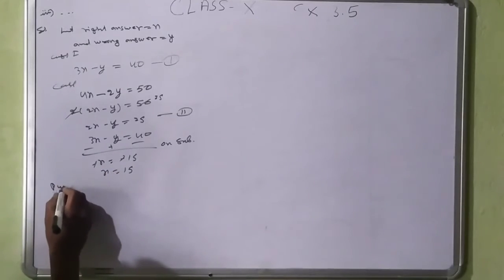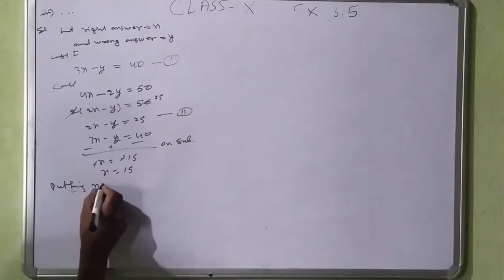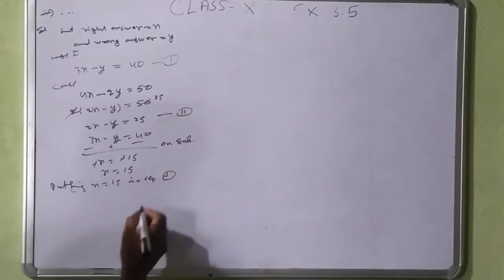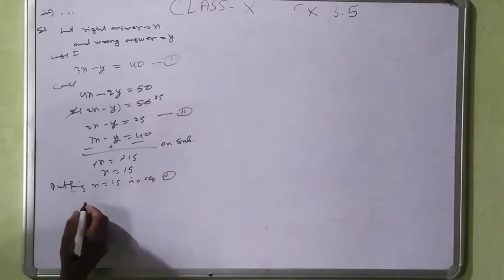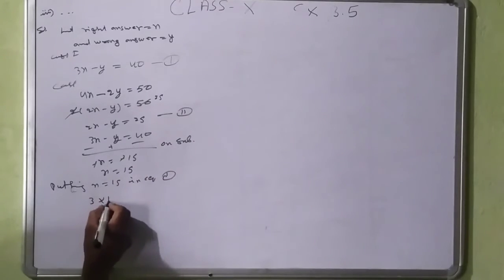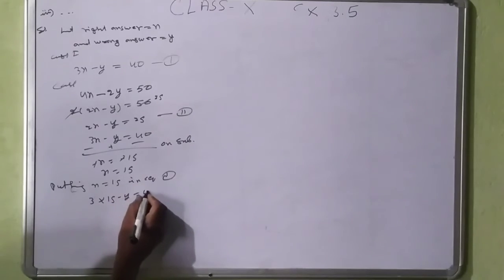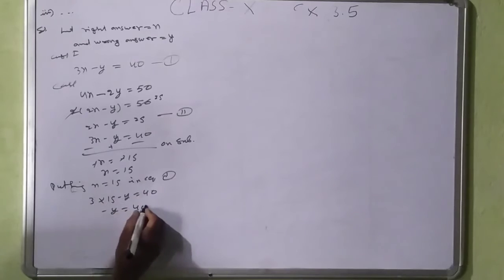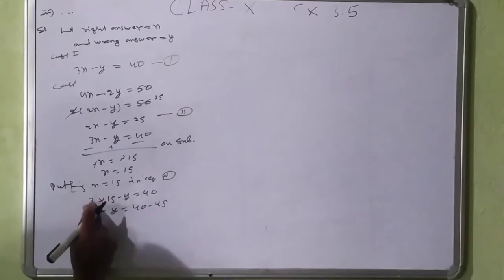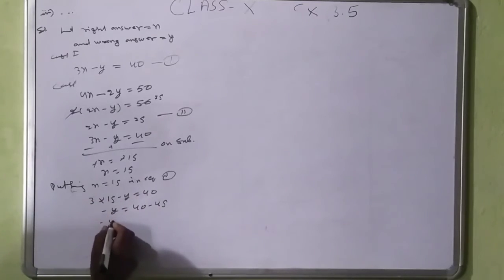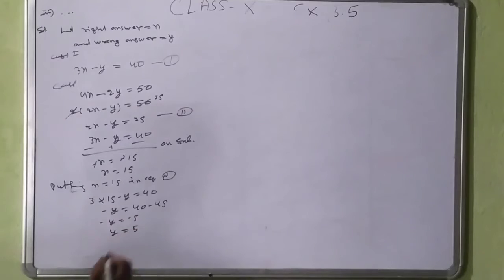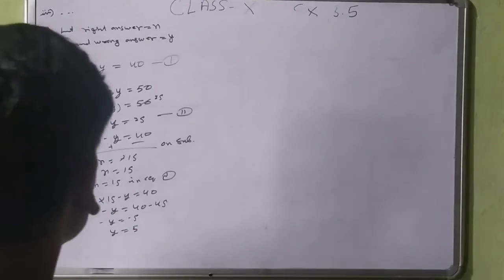Now putting x is equal to 15 in equation first, you can put it in the second also. 3 into 15 minus y is equal to 40. So minus y is equal to 40 minus 45; 15 times 3 is 45. Minus y is equal to minus 5. So y is equal to 5, because minus cancels minus.